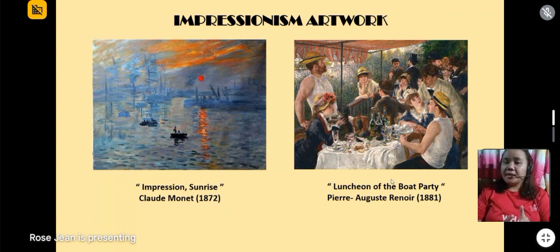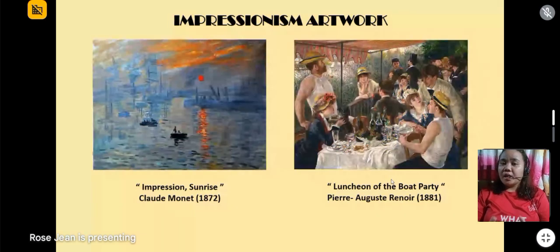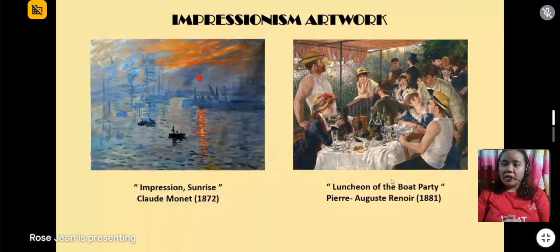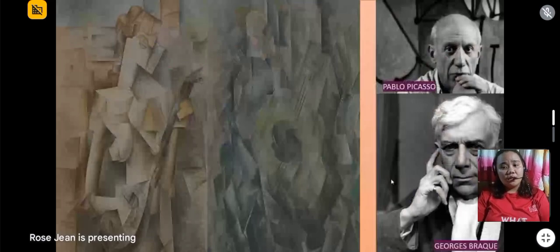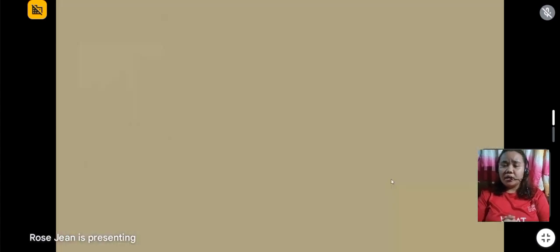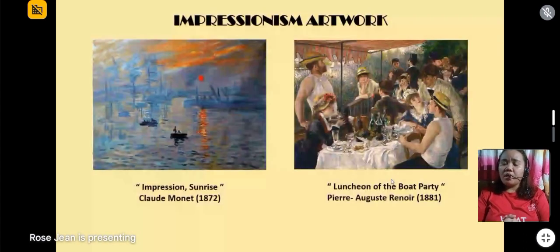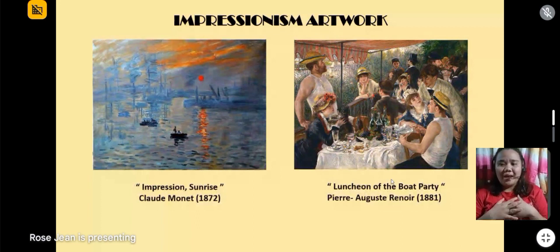The use of complementary colors such as orange and blues enhances the vibrancy and depth of the painting, creating a sense of movement and immediacy. So, the inspiration of Monet is the natural beauty of the harbor at Le Havre, where he witnessed the play of light and atmosphere at sunrise.